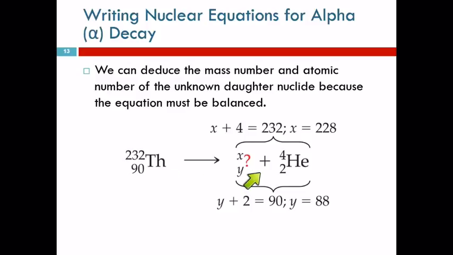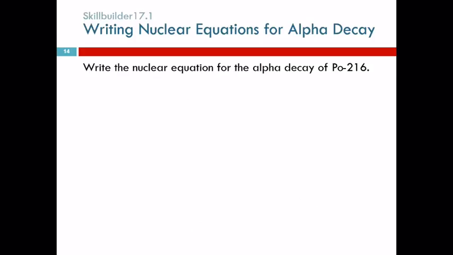Here's 90. It lost 2. That means there's 88 left here. Radium is number 88. It turned into radium. So this is radium. It has an atomic number of 88 and a mass number of 228. And that's what goes in there. It's really simple math with whole numbers, just adding and subtracting. Kind of refreshing after some of the stuff we've done.